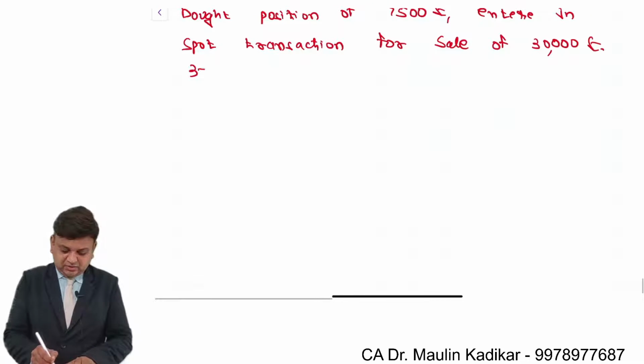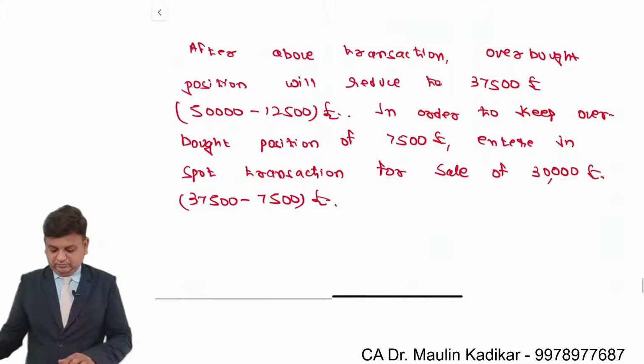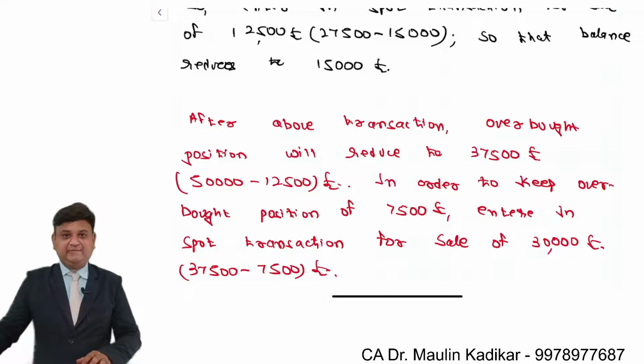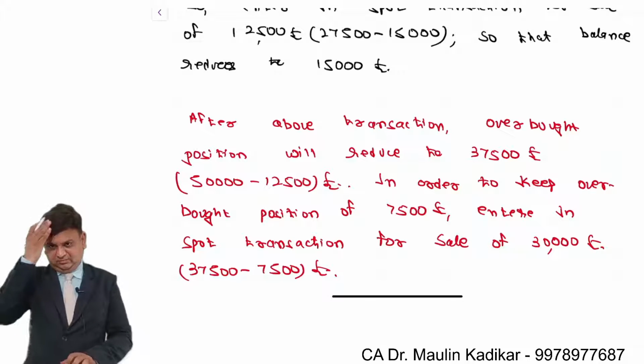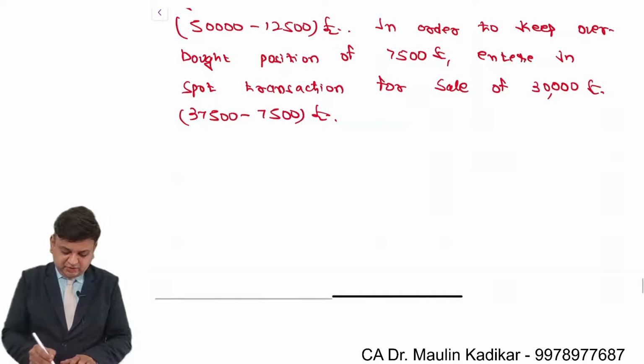How 30,000? 37,500 minus 7,500. I'm sorry, in forward transaction.